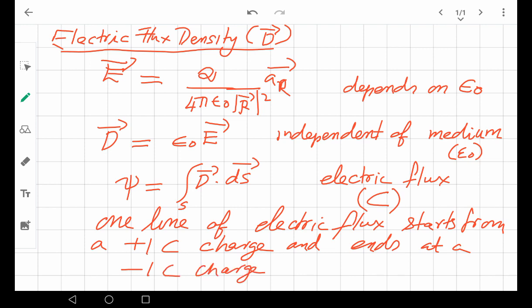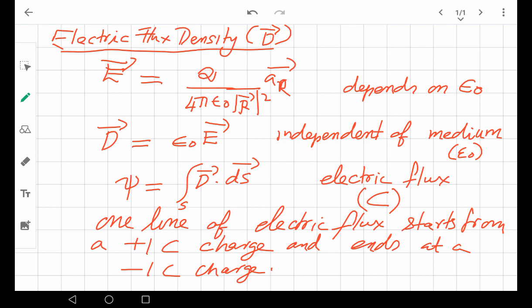That is how you define the electric flux. So whenever there is a plus 1 coulomb charge, a flux of 1 coulomb will start from it and end at another minus 1 coulomb charge. That is how you define the electric flux psi.